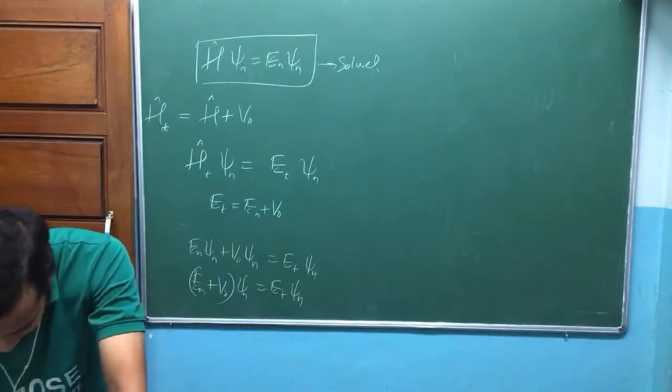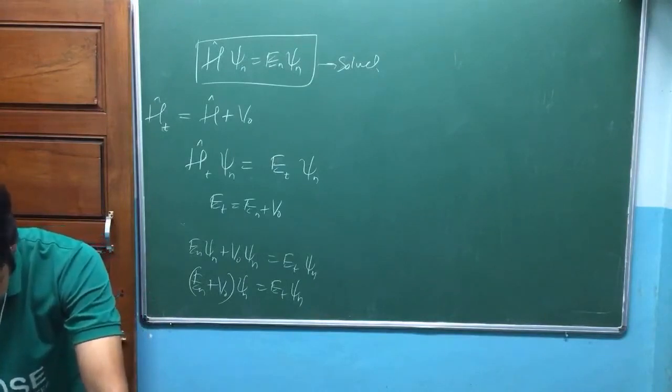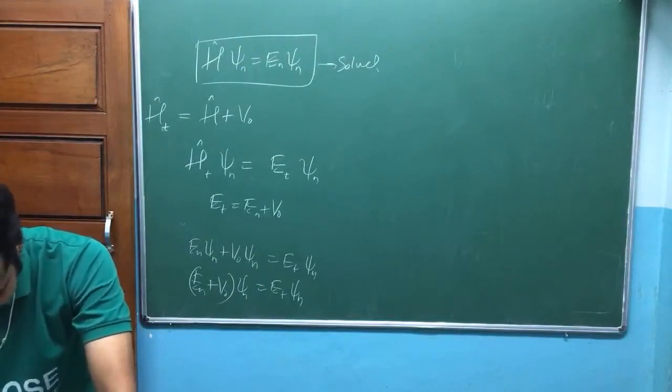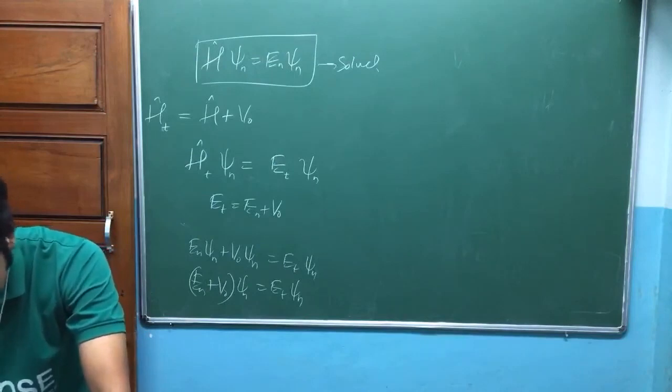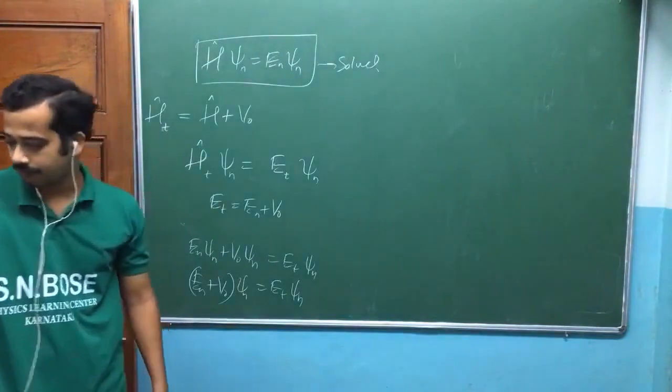Suppose you add V naught to the potential energy constant, what will happen? The wave function picks up a time dependent phase factor e power minus i V naught t by h bar. That's what he commented, problem number 1.8 from the first chapter.